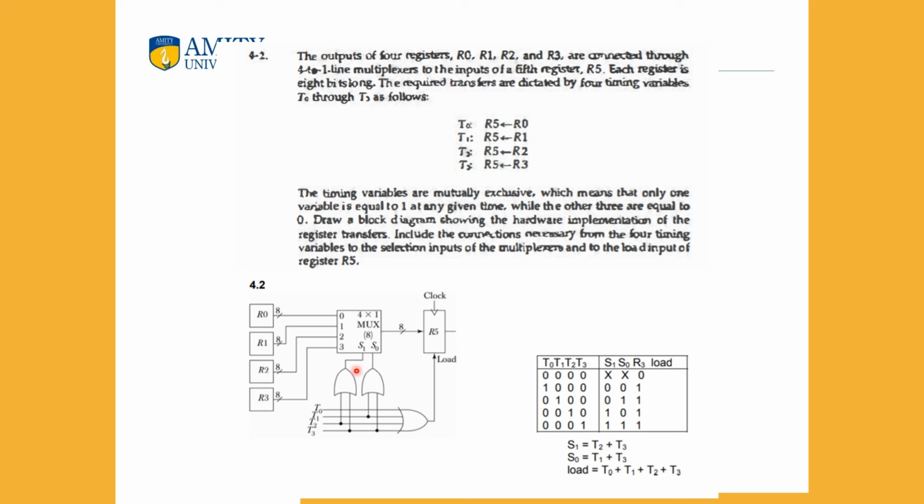Now to decide the variables of the selection line, which timing controls are supposed to be given, we will be drawing a truth table for that. We have T0, T1, T2, T3. They're either all 0 or T0 is 1, T1 is 1, T2 is 1 or T3 is 1, giving the remaining as 0. This causes the following patterns in the selection lines as well as in the loading.